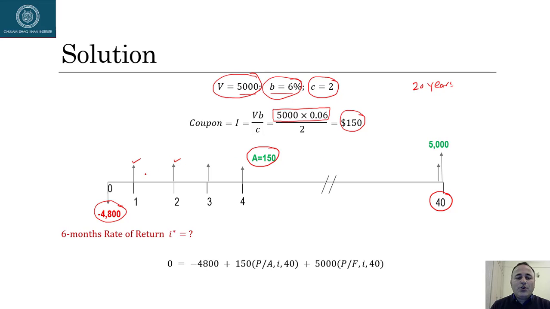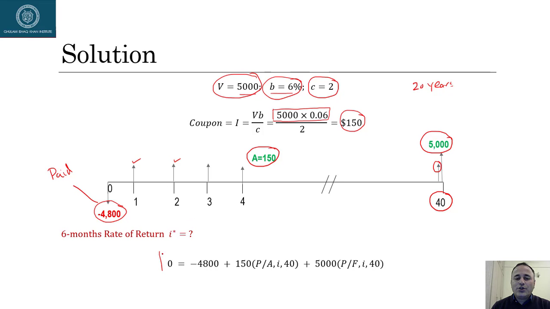Okay, so let me summarize it for you again. The investor paid $4,800. The investor is getting $150 after 6 months. And then at the end of the 40th payment, the investor is getting 150, but he or she also gets 5,000, which is the face value of the bond.